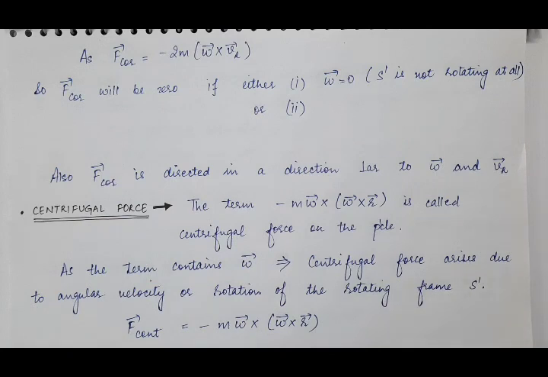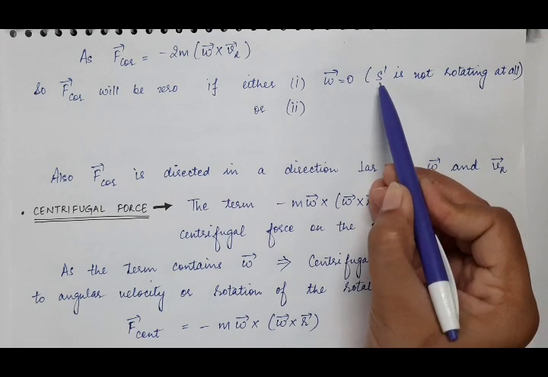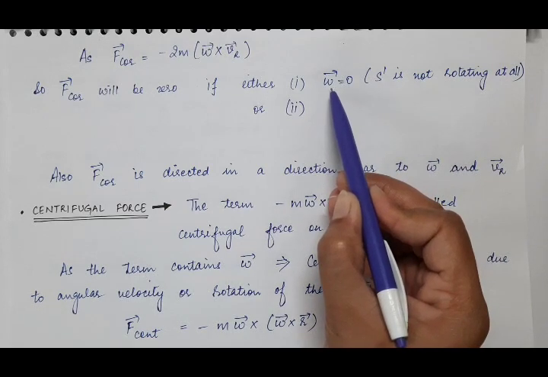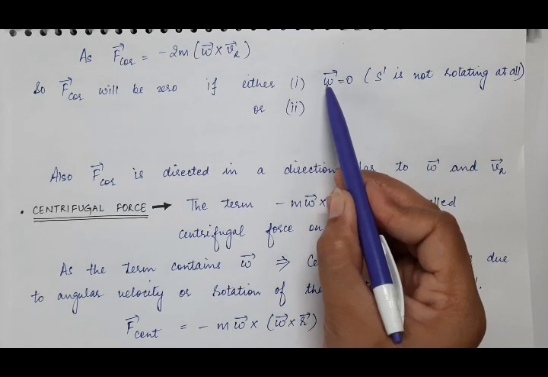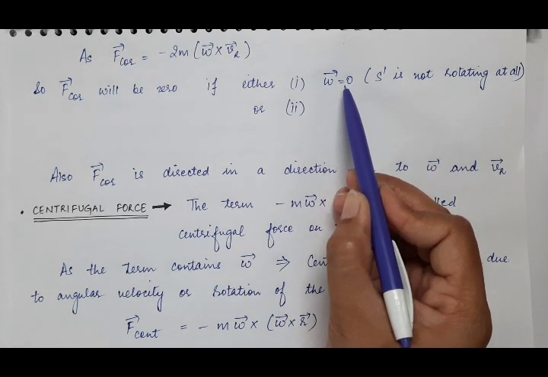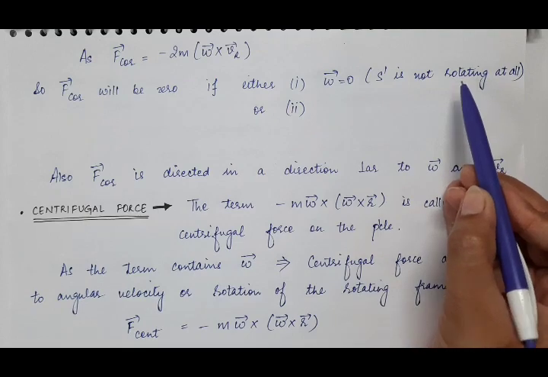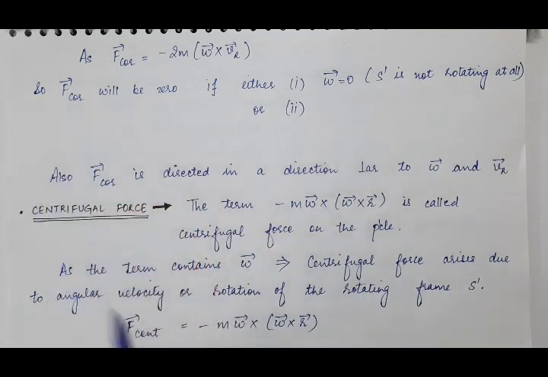It means this Coriolis force only arises due to the rotation of the rotating frame of reference S dash, which is due to its non-zero angular velocity. If the angular velocity of the frame is 0, that frame is not rotating, and then the Coriolis force will also not act on the particle in the rotating frame.